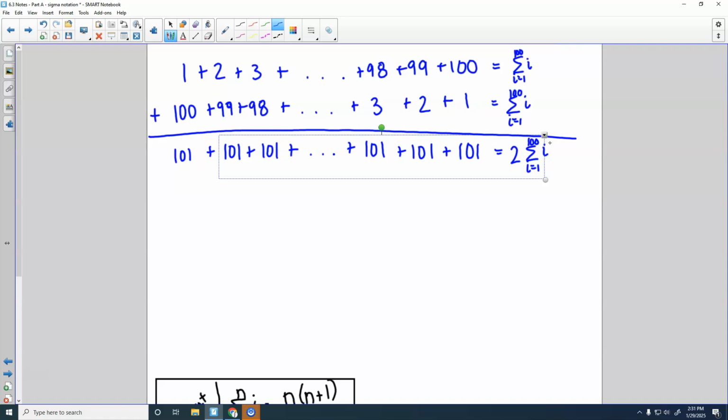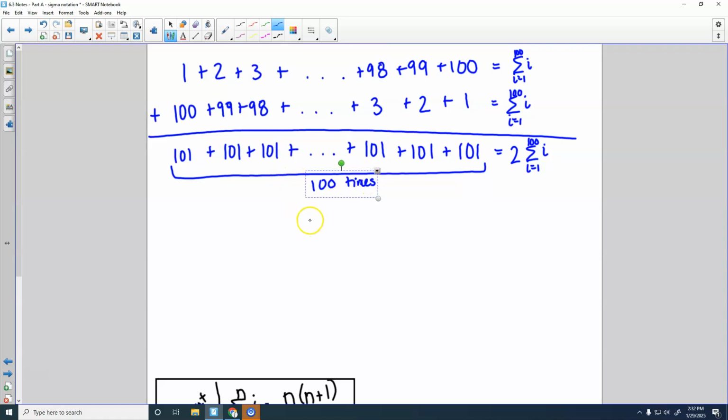Okay, so what I've got here is 101. How many times are they being added? 100, because you've got to think about the dot, dot, dot in the middle, right? So this should be 100 numbers. So this is 100 times, if we count all of them together.